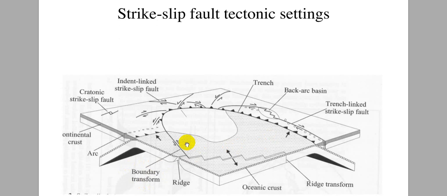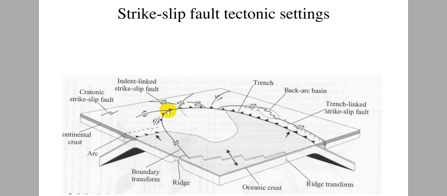All of these faults are global and extend for a long distance, and usually link between two other types of plate boundary. Here in this diagram, we find the transform boundary linked between mid-ocean ridge, divergent plate boundary, and subduction, so convergent plate boundary.